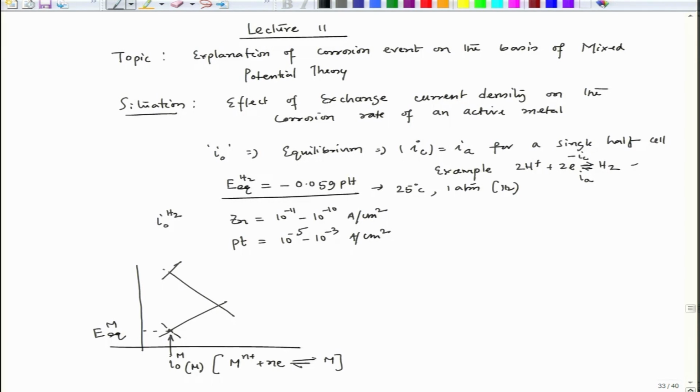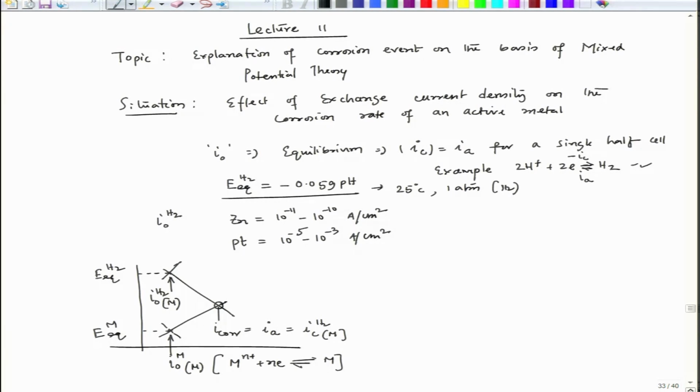Similarly, I consider E equilibrium of hydrogen, and hydrogen evolution reaction on that metal surface, so I will have I 0 hydrogen over metal surface, and the hydrogen evolution reaction is 2H plus plus 2e equal to H2, and the corrosion rate is here. So, this is I corr equal to I a equal to I c hydrogen over metal.